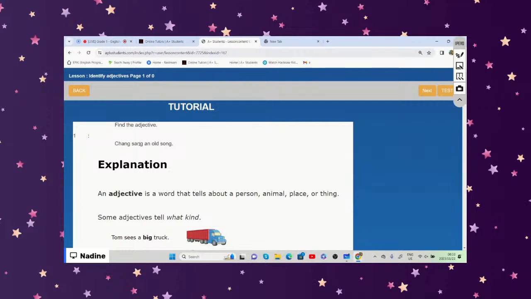It says find the adjective. Chang sang an old song. What is the adjective within that sentence? The adjective within the sentence. Chang sang an old song.